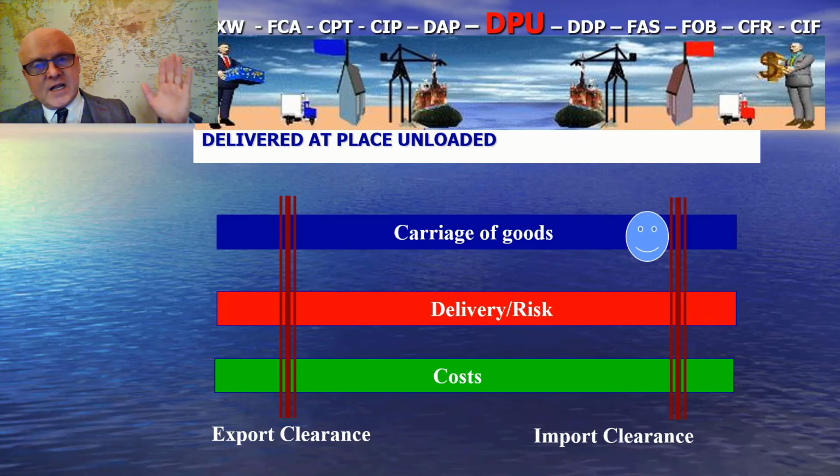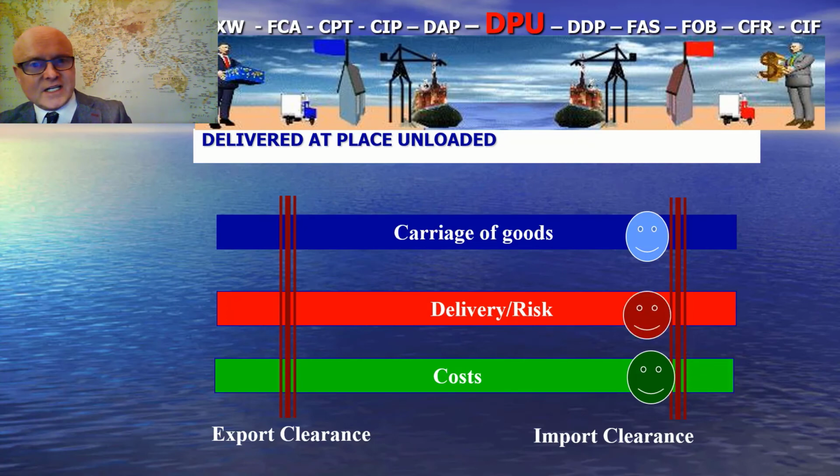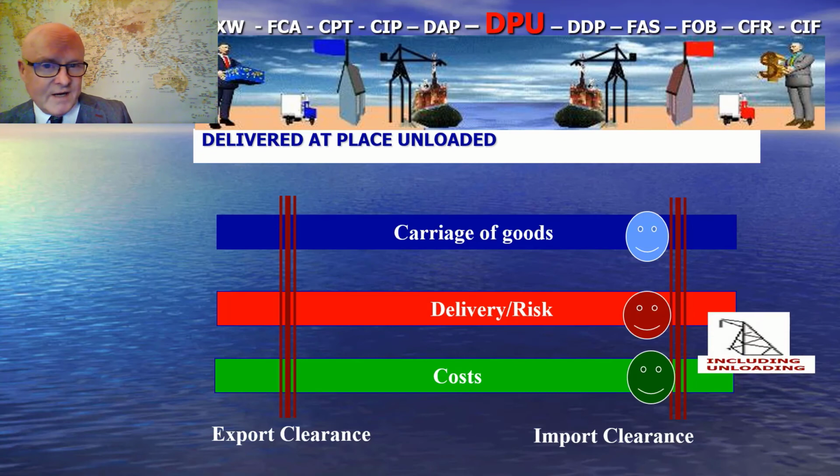As the seller, the delivery obligation and the risk in delivery stays with me till the goods are delivered to Tashkent International Airport. And of course, I must also pay all costs till the goods are delivered at Tashkent International Airport, including export clearance. And also very interesting, under DPU, it also includes unloading of the goods.